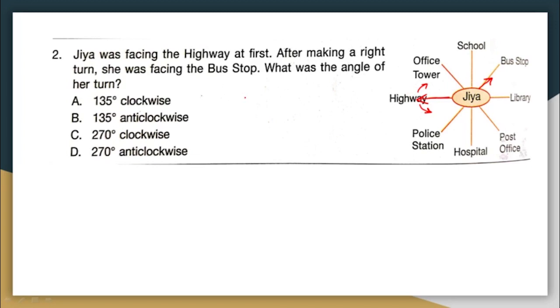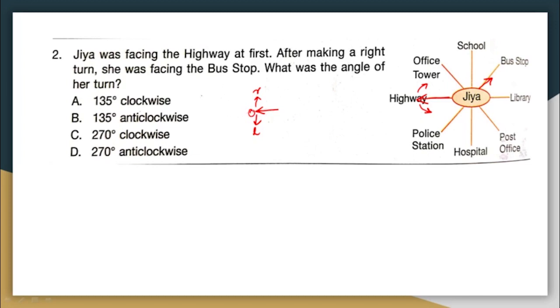See, for example, if you are a person, you are standing and you are facing this direction, then which is your left and which is your right? This is your right and this is your left. Now how do I say this? Whenever you have such questions, when a person is facing some particular direction, assume that you are the person who is standing there facing that direction. So assume that you are standing here facing this direction.